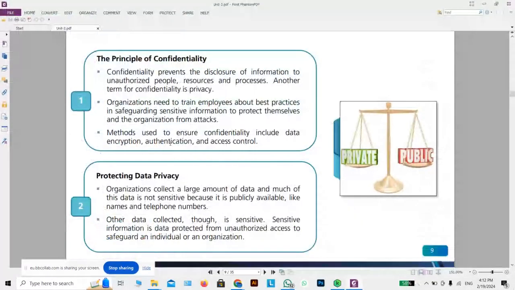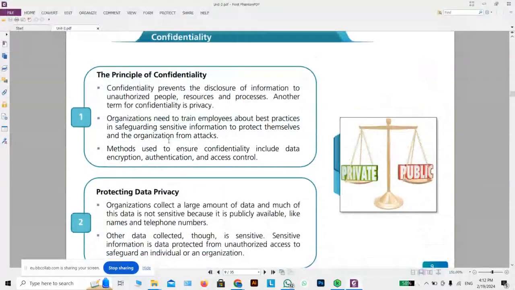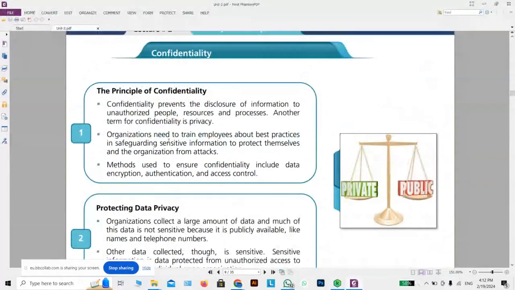So let's look at the first one, that's called confidentiality. Confidentiality means simply protecting sensitive data, which is private, from unauthorized access.